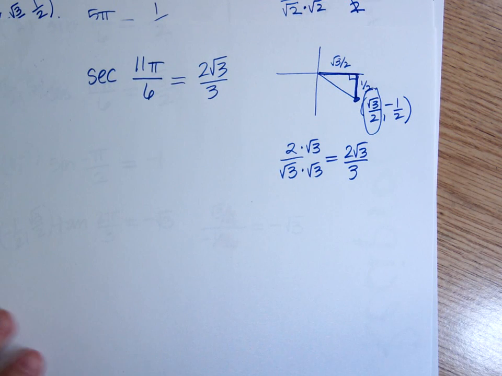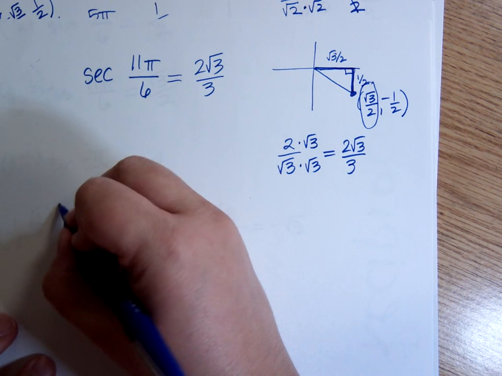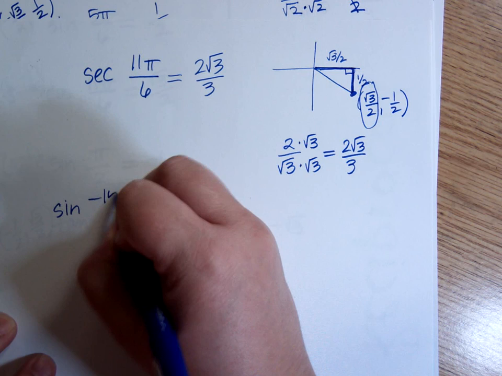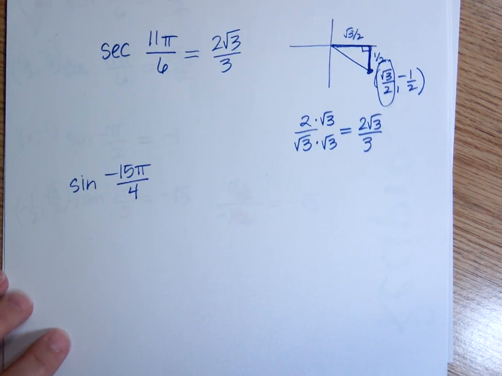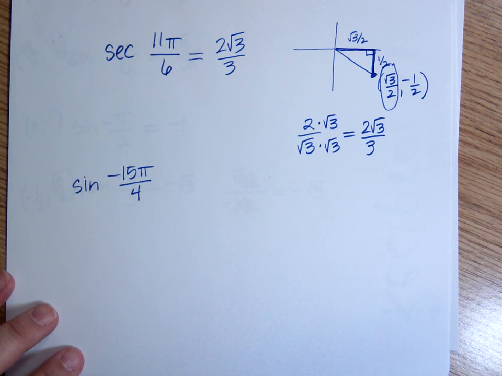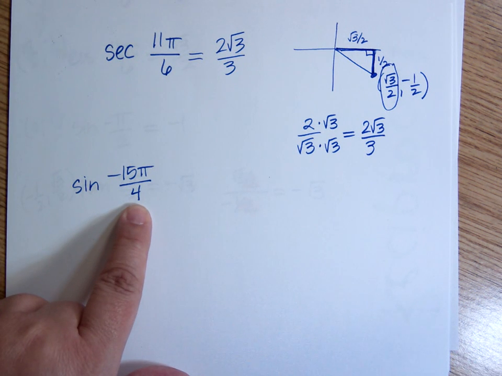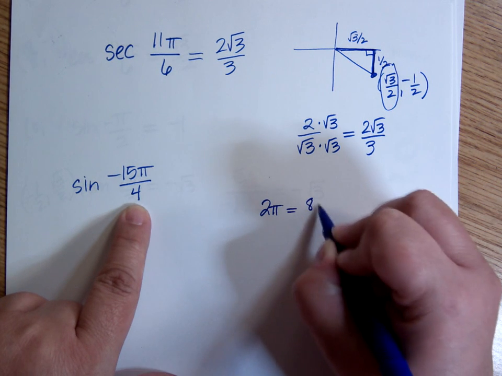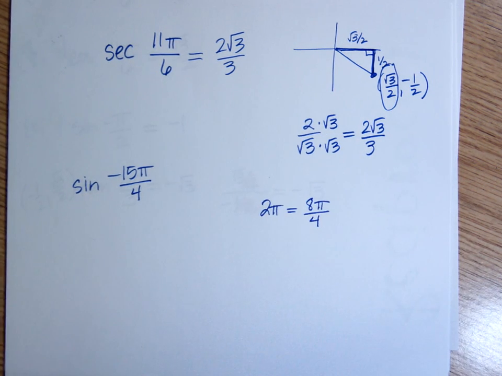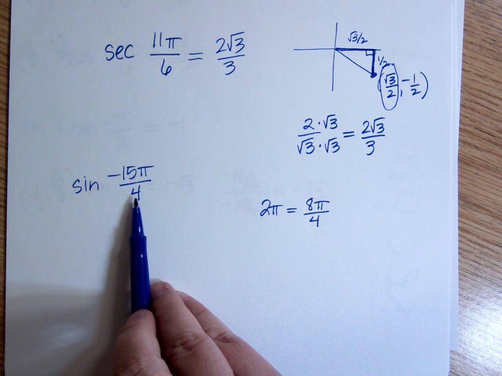All right, next we have sine of negative 15 pi over 4. Okay, one way to figure out this one is to find a coterminal angle. If I'm dealing in fourths, then 2 pi would be 8 of them. 8 over 4 is 2. So I could go all the way around by adding 8/4 to this.